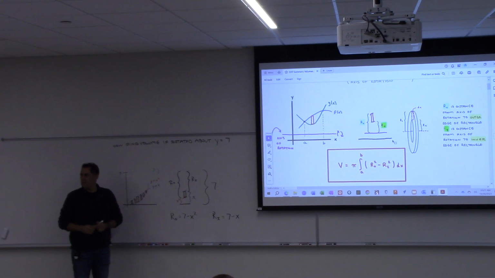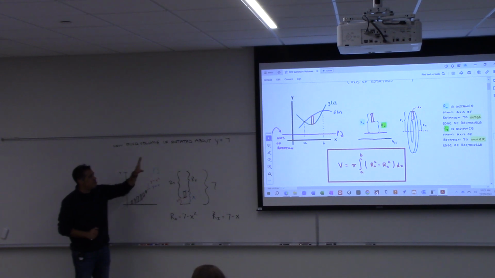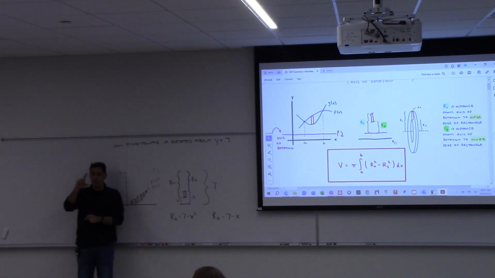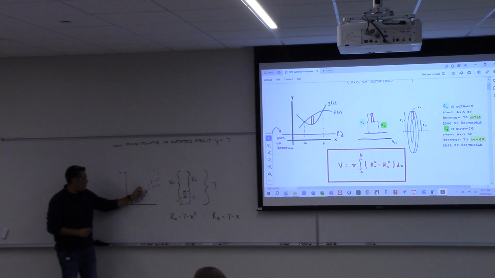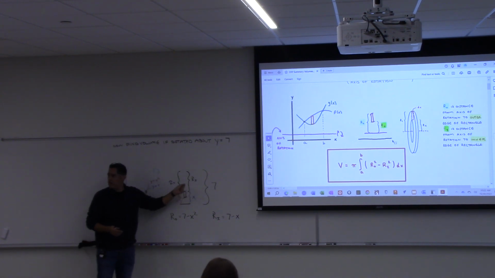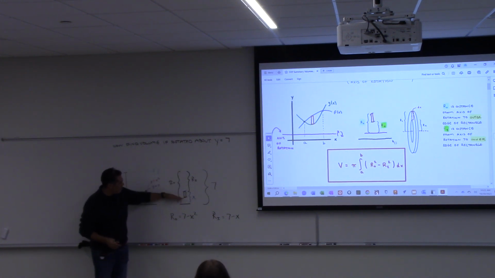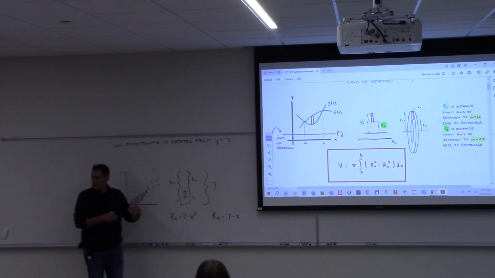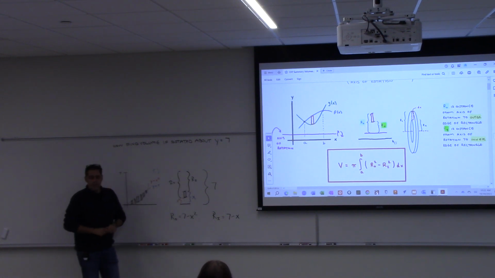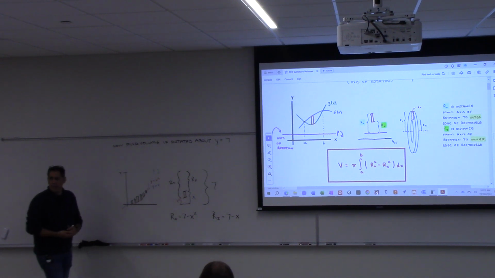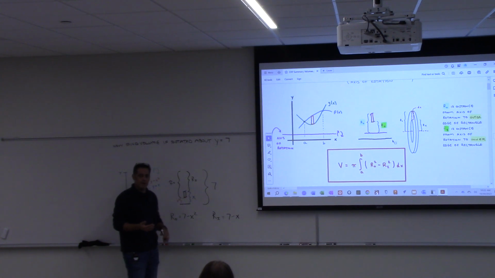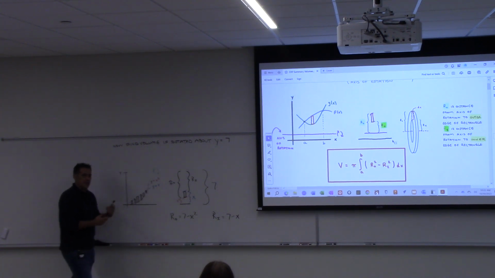It comes from the geometry of where your rectangle is and where your axis of rotation is. In that case, figure out what the outer and inner radius are. It's a relative position from here to the outer, from here to the inner. What is that geometrically? Every problem is somewhat unique. I'm not going to try to trick you on a test, but I do want you to understand the geometry.